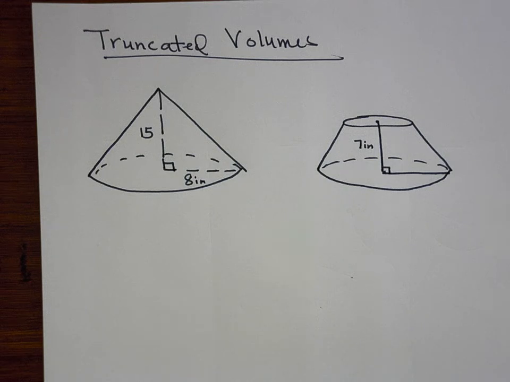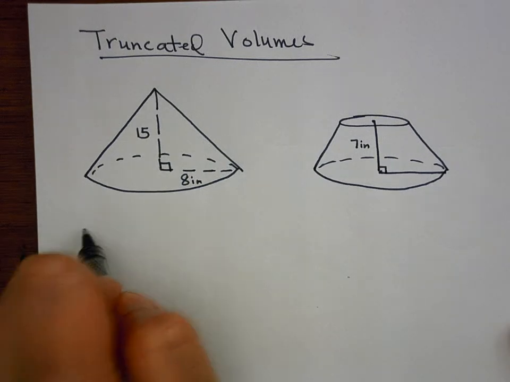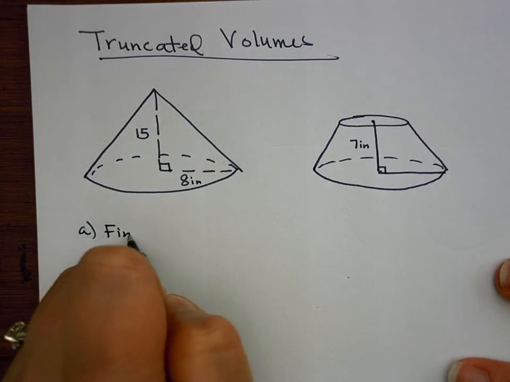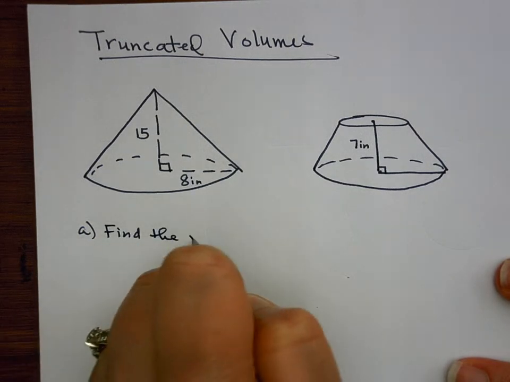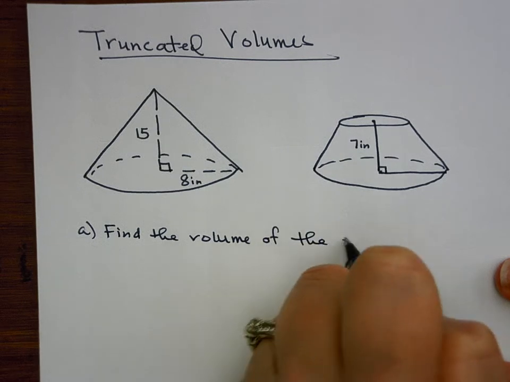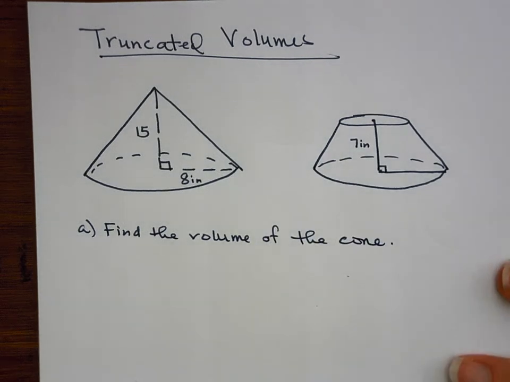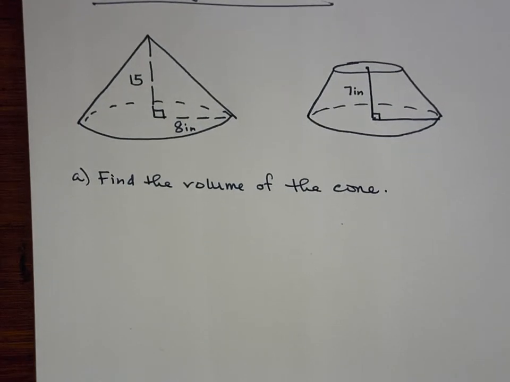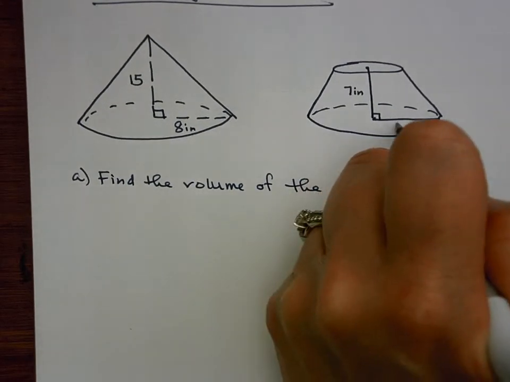All right, so for part A, the directions are find the volume of the cone, okay? And then part B will be to find the volume of the truncated cone. So this is 8 inches over here as well.